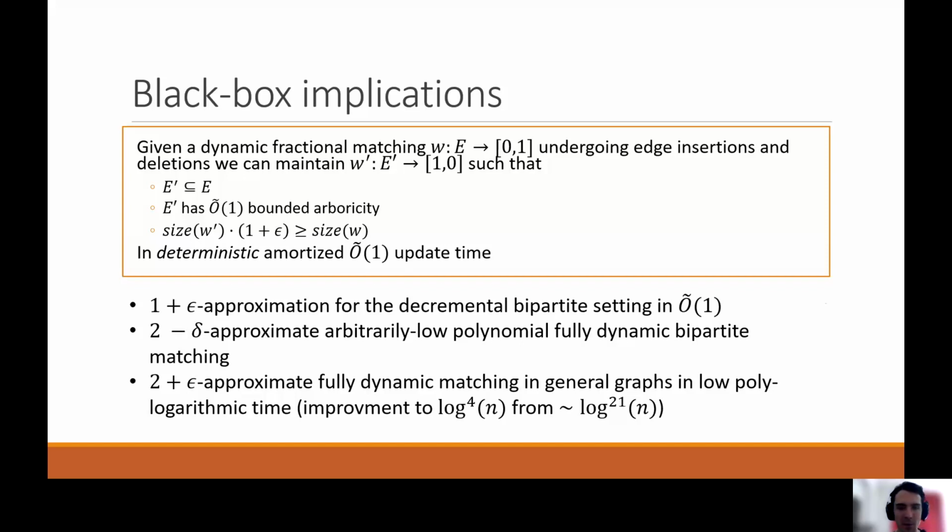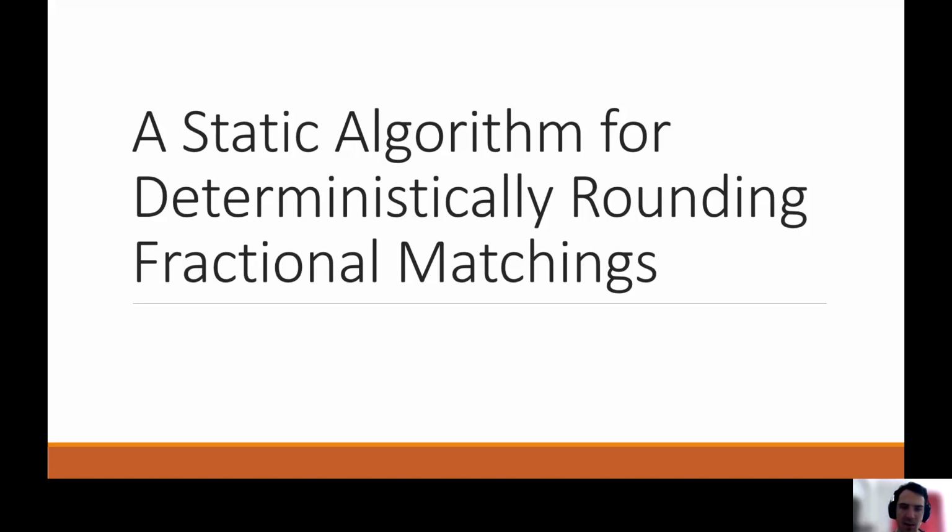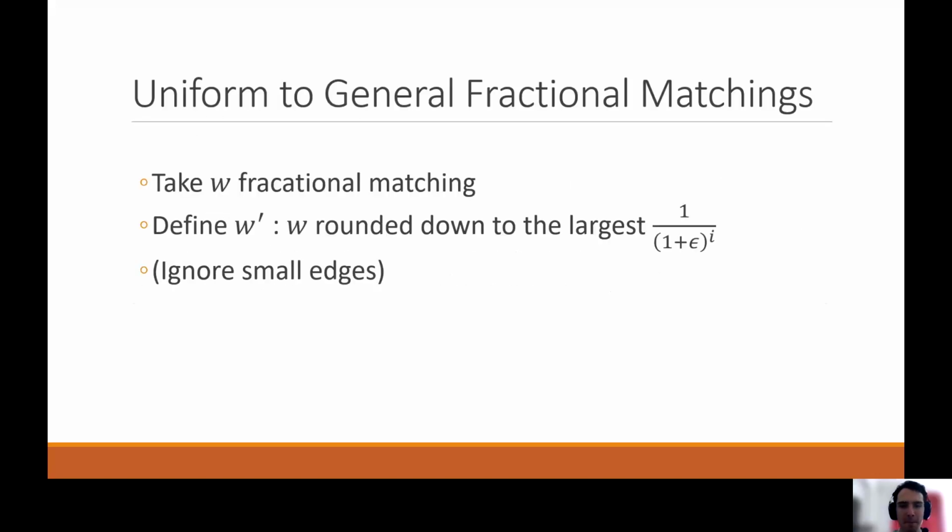Right. First, we will now discuss a static algorithm for deterministically sparsifying a fractional matching. First of all, let's just note that it is enough to focus on uniform matchings if we allow some log factors. This is because we can round fractional matchings to the closest 1 over (1 plus epsilon) to the i value for some small constant epsilon.